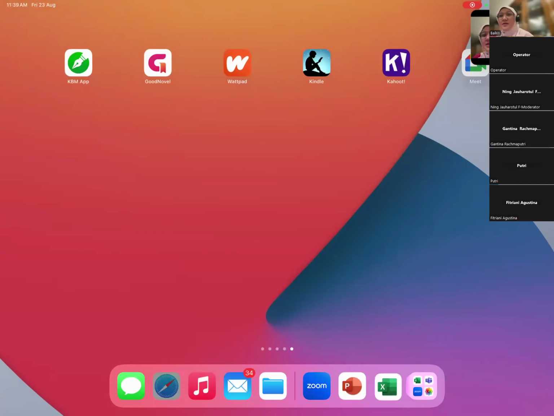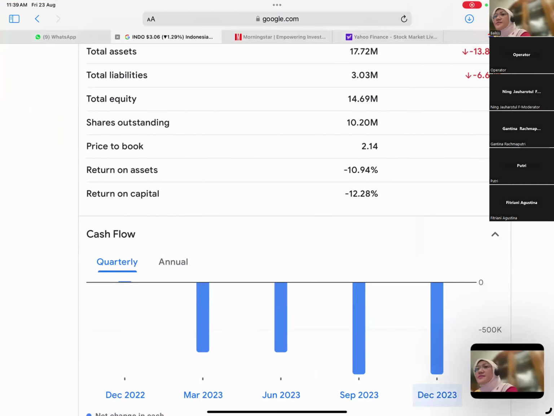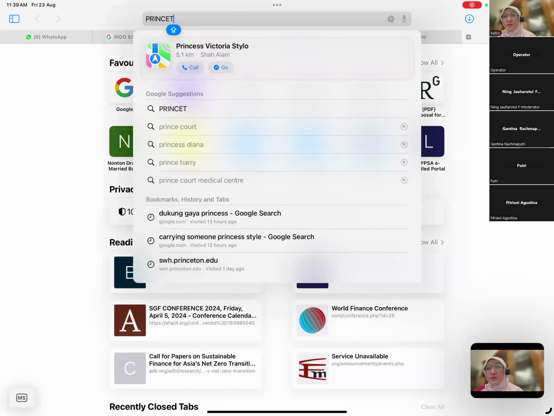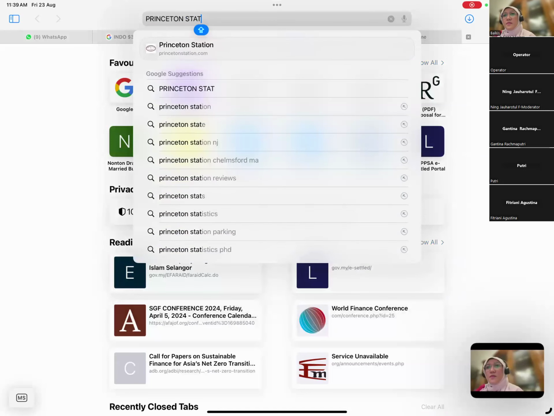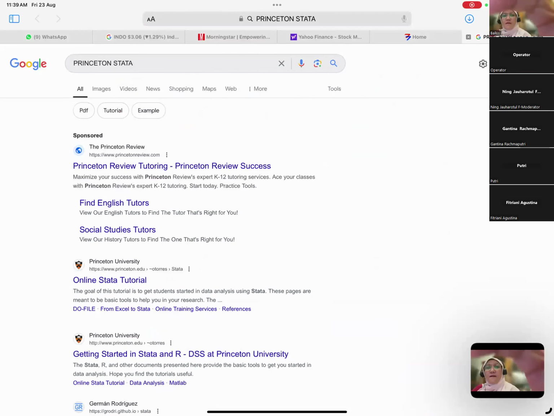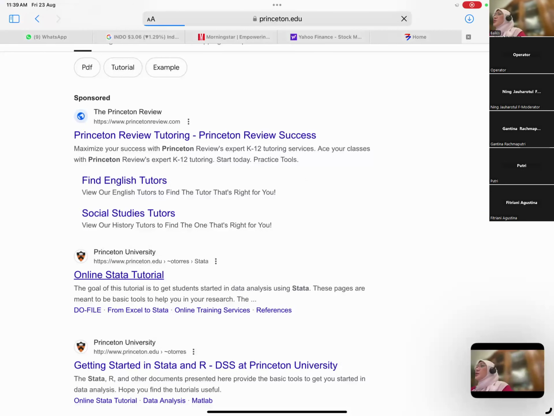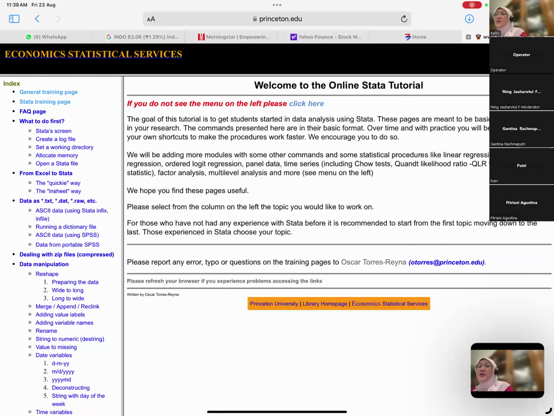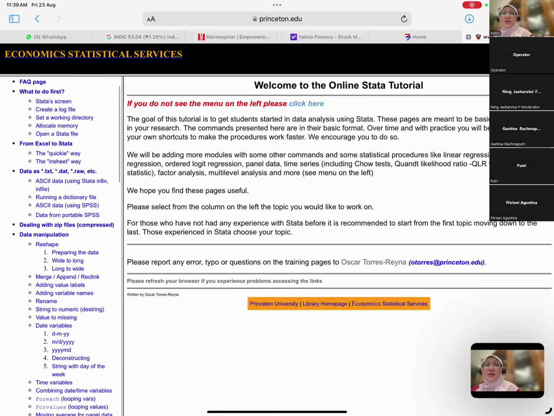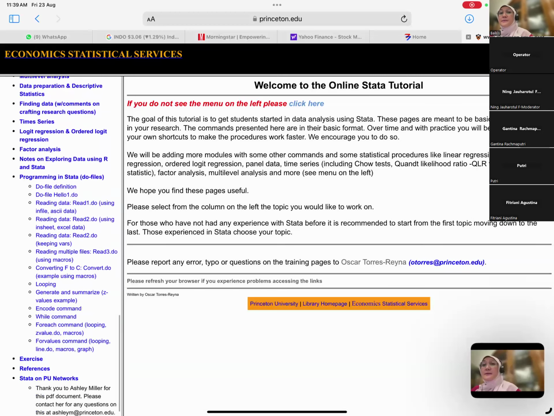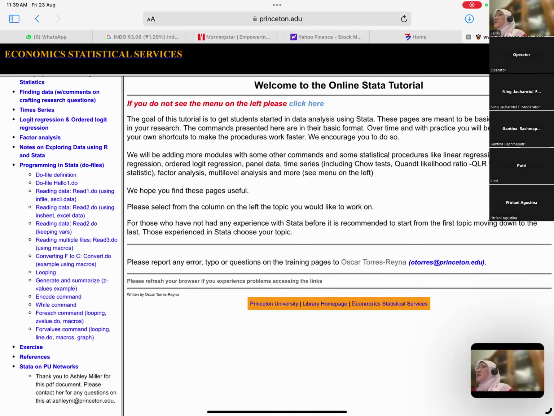The Princeton. Have you heard of Princeton? The online Stata tutorial, which is free. All the available economic statistical summaries are on princeton.edu.